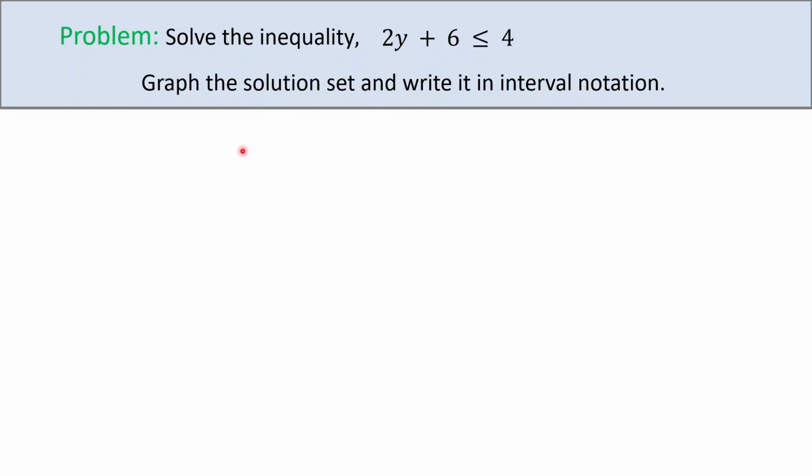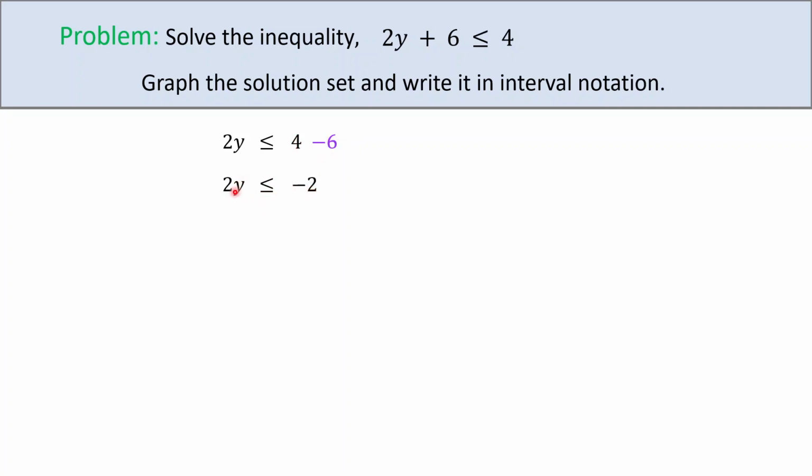So write this. We are moving this to the right hand side. So now you have this less than or equal. You have 4 here. Move this to the right hand side. Positive 6 becomes negative 6. You need to change the sign. Now 2y less than or equal to 4 minus 6 is negative 2.